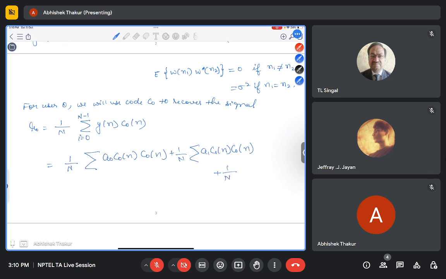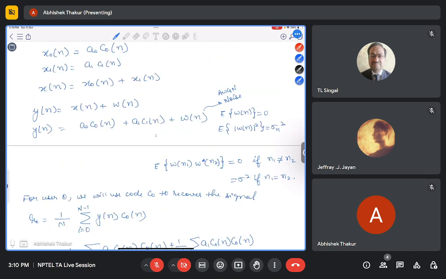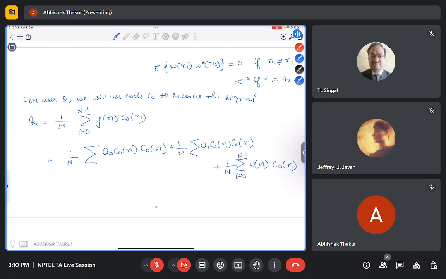When we substitute the value of y[n], we can expand and derive it like this, with w[n] times C0[n]. Here we are using the equation for y[n] from equation 1.